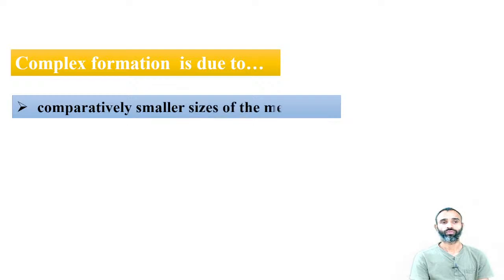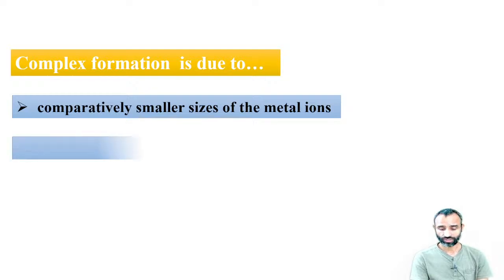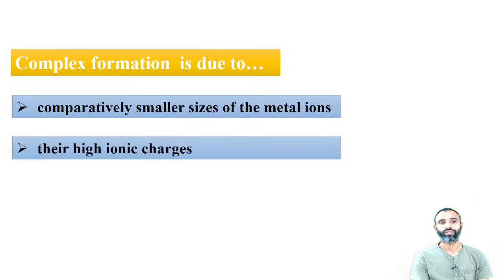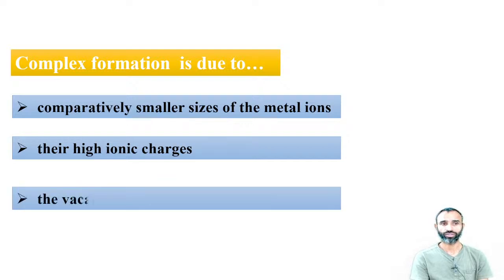Now complex formation is due to comparatively smaller sizes, high ionic charges, then vacant d orbitals.